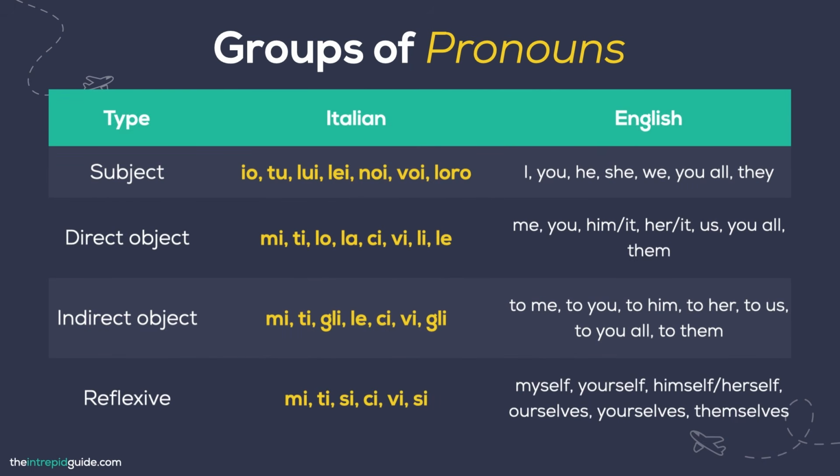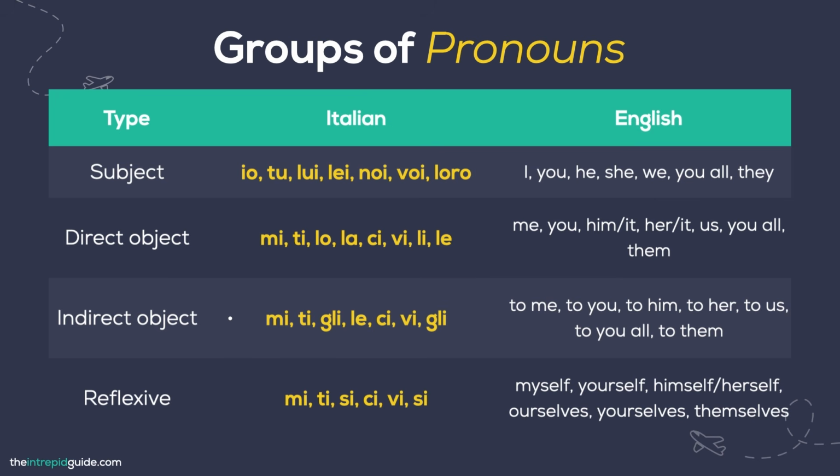Take a look. Subject pronouns include Io, tu, lui, lei, noi, voi, loro. Direct object. These are who receive the action. Mi, ti, lo, la, ci, vi, li, le.